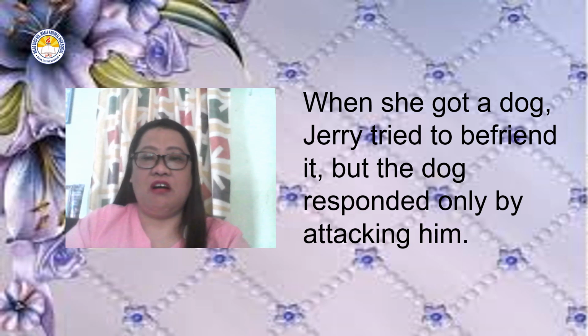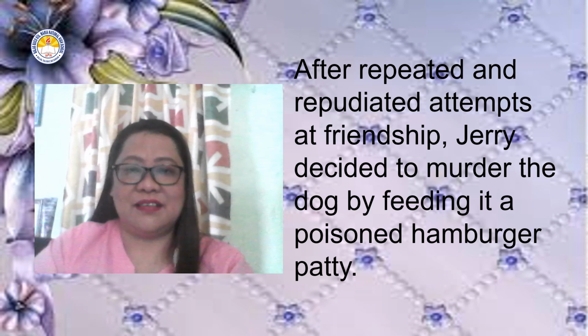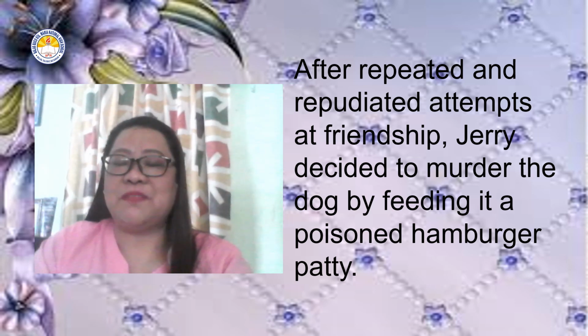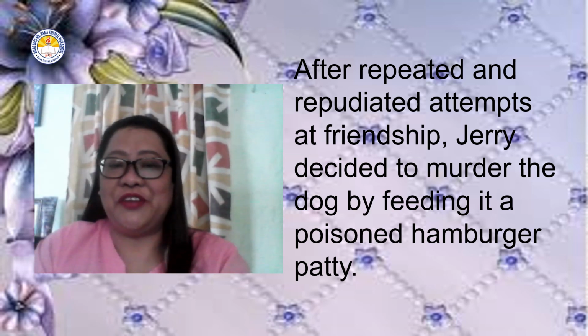When she got a dog, Jerry tried to befriend it, but the dog responded only by attacking him. After repeated and rebuffed attempts at friendship, Jerry decided to murder the dog by feeding it a poisoned hamburger patty.